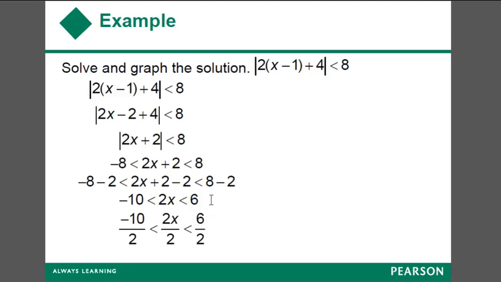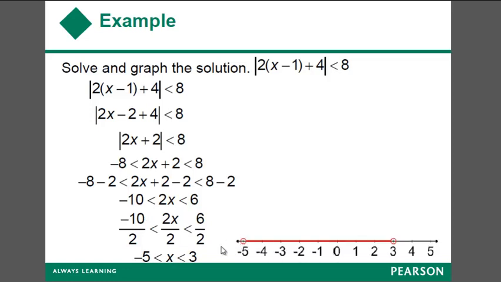Now I will divide everything by 2, which will reduce down into -5 less than x less than 3. When I go to graph this, I will draw on the number line, fill in between -5 and 3.